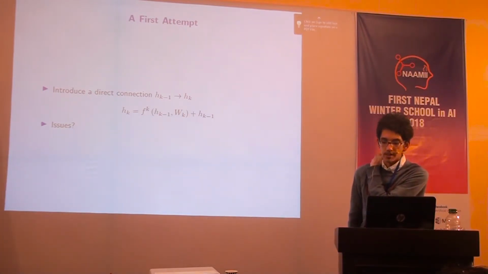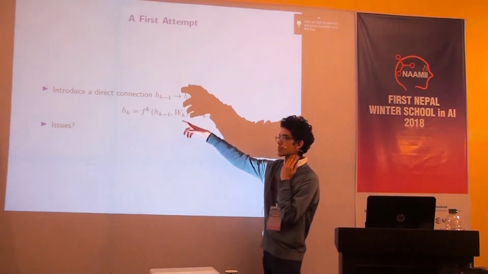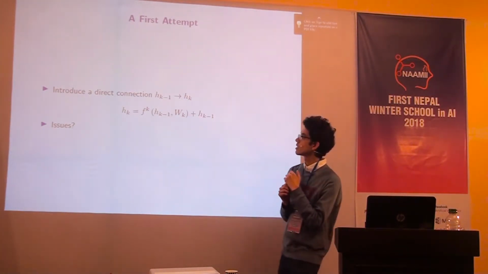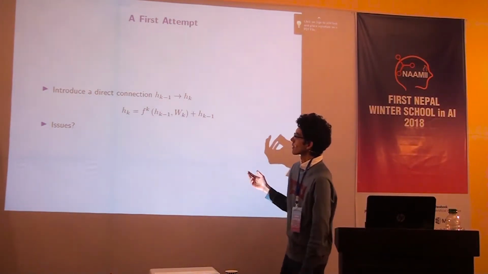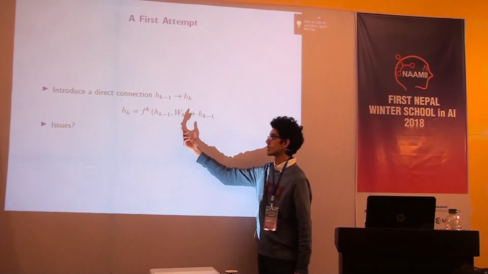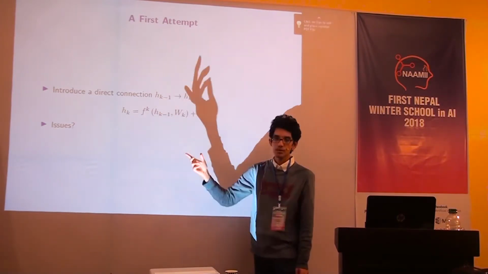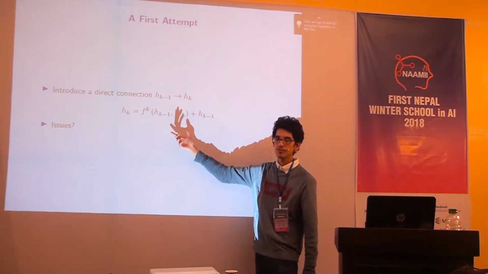Okay, here's an attempt. I'm trying to go from the (k-1)th representation to the kth representation. What might I try to do? The usual thing is you just do W times h, but maybe you can do other operations on W and h. You have some function of W and h.